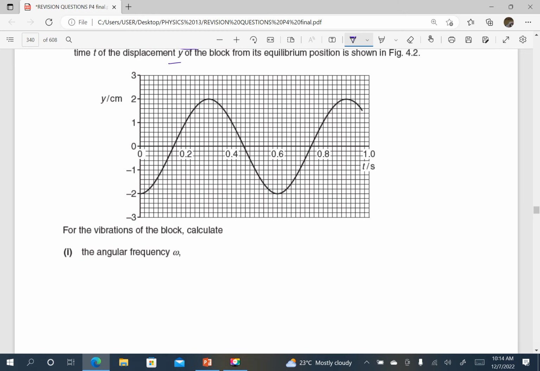We know that omega is 2 pi over period. All we need is the period from the graph. I think you can see that the period is 0.6. At t equals 0, we are at this peak. After 0.6, we are coming back to the same peak. So the period is 0.6, so this will be equal to 2 pi divided by 0.6 seconds.